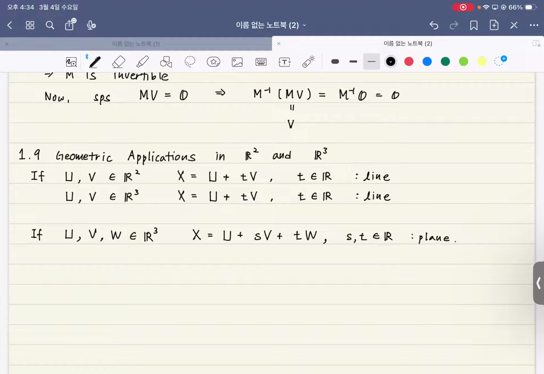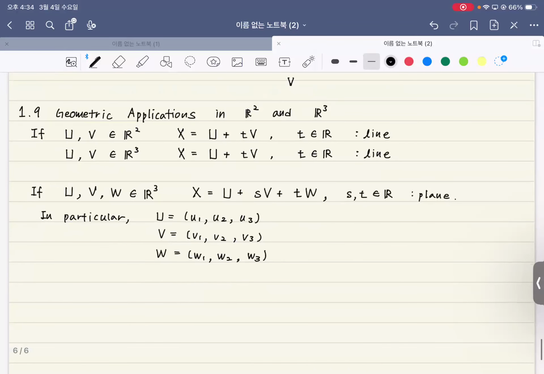Right. And in terms of coordinates, I can say like this. We give these vectors coordinates: U is u1, u2, u3, V is v1, v2, v3, and W is w1, w2, w3.